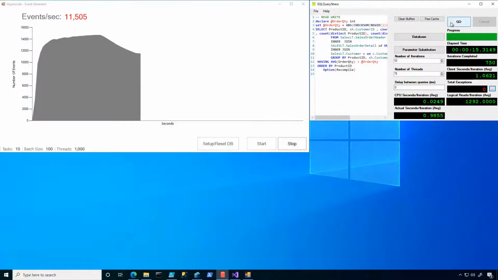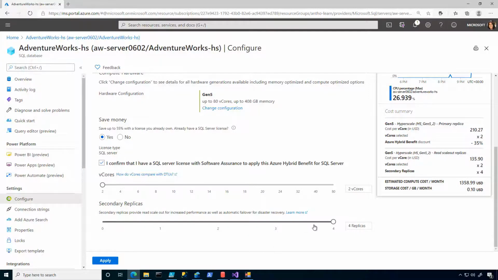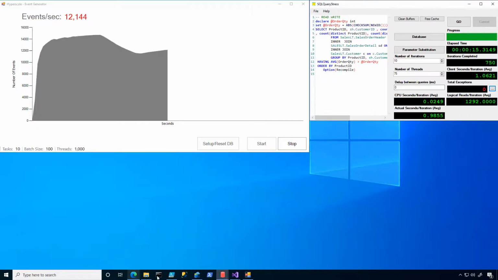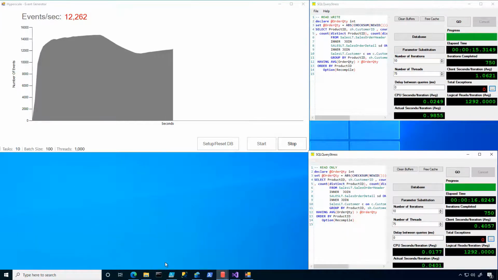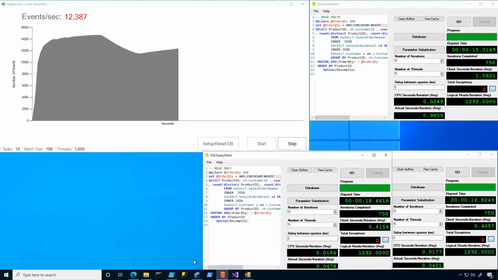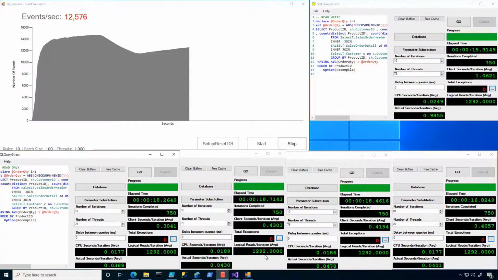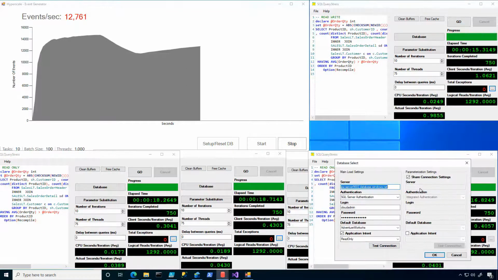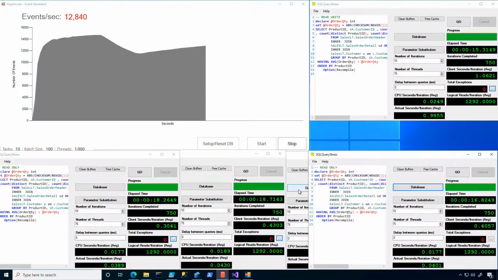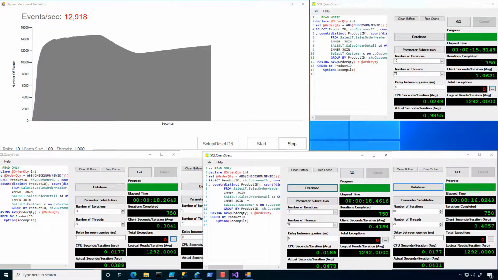Now with Hyperscale, I can add up to 4 readable replicas, which you can see I've gone ahead and done now. If I come back to SQL Query Stress, I've set up 4 identical windows to the first, except that in the database connection details you can see I'm leveraging the application intent of read only on each of these connections.